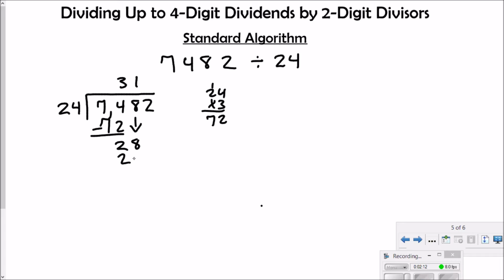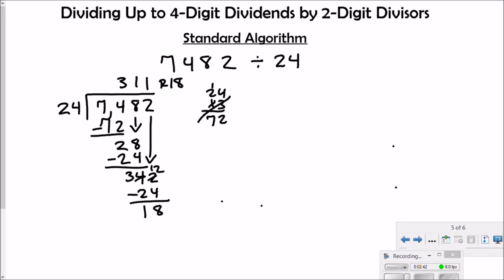That one's relatively easy. No guessing and checking needed there. 28 minus 24 is 4. Bring down the 2. 24 can go into 42 only once. So I'm going to subtract 24 from 42, and we get 18. So that 18 down there is our remainder. So off to the side, I'm going to write remainder 18.